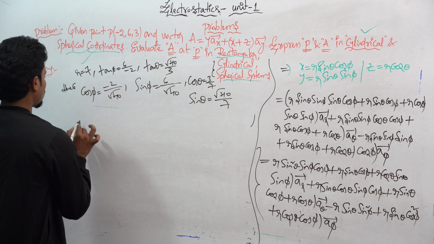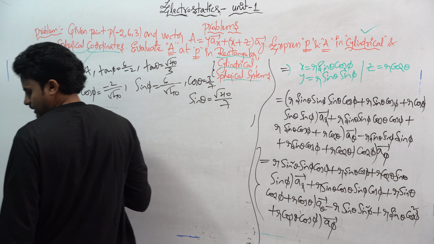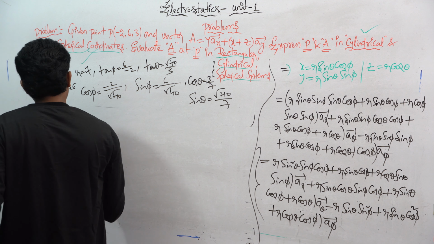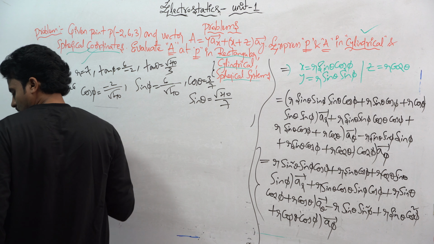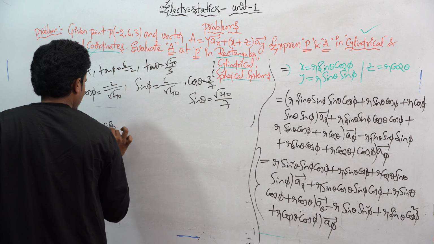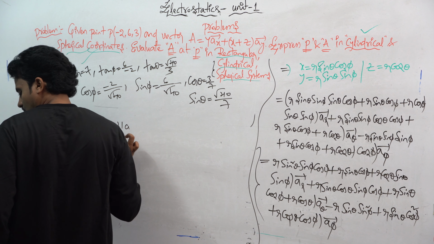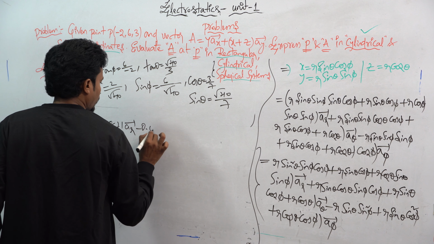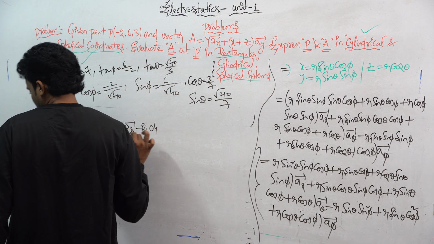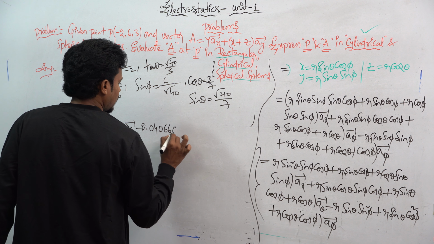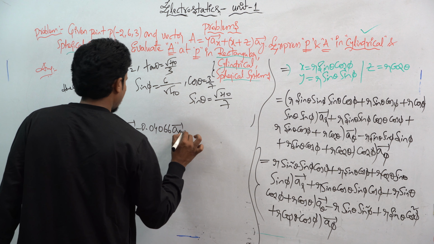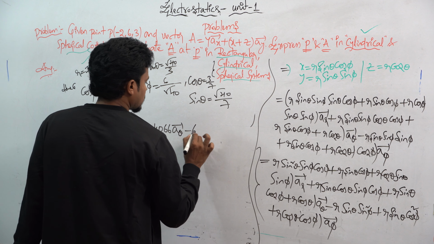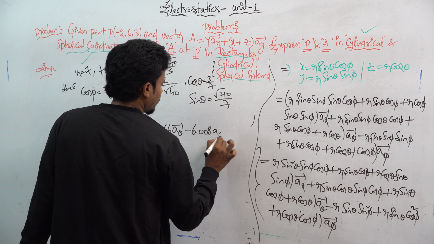How much answer will you get? You will get minus 0.08571 a_r bar minus 0.04066 a_theta bar minus 6.008 a_phi bar.